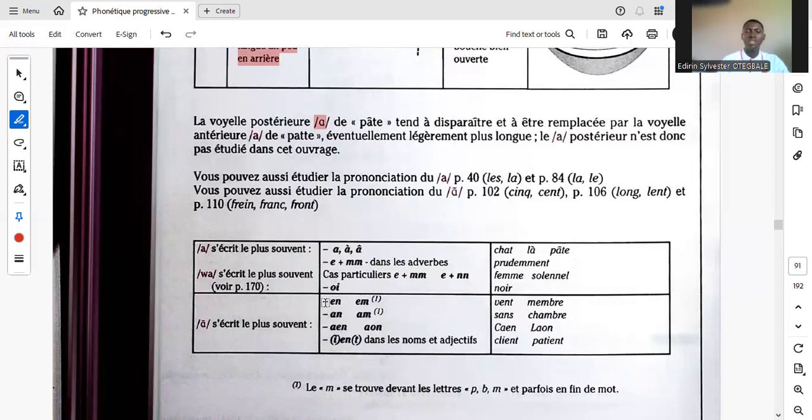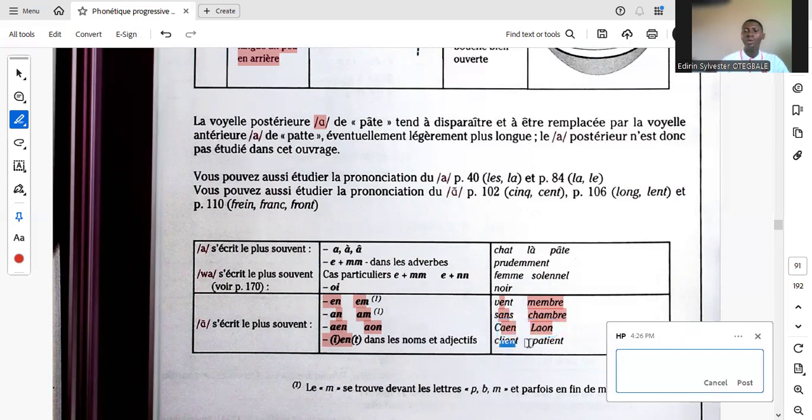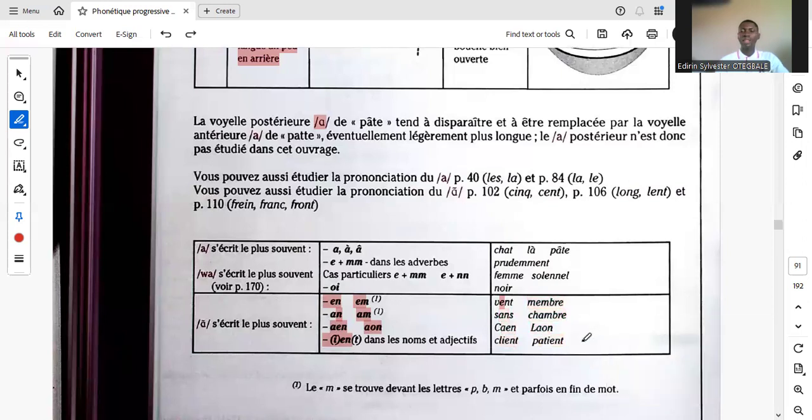This on is written E-N, A-N, A-M, E-M, at times I-E-N, in nouns and adjectives. Examples: vent, membre, son, chambre, quand, l'un, client, patient. All of these attest that these spellings are the graphies that help you realize this particular phoneme.